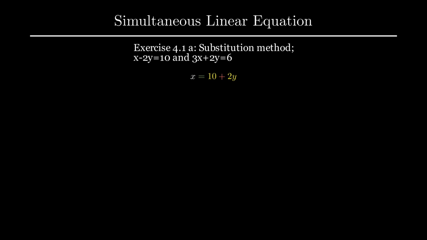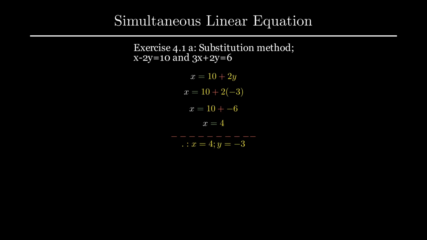So we substitute y with negative 3, which gives us x is equal to 10 plus 2 times negative 3. Multiplying 2 by negative 3 gives negative 6, then 10 minus 6 gives us 4. Therefore, x is 4.